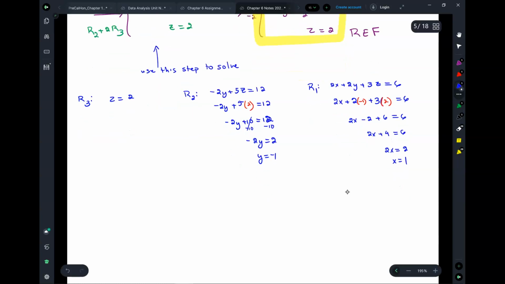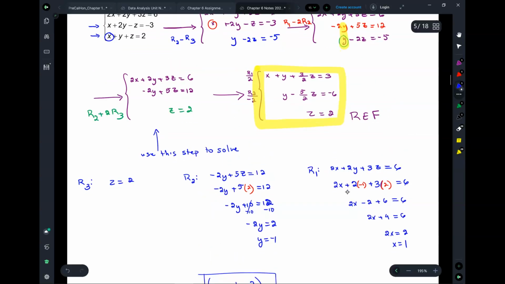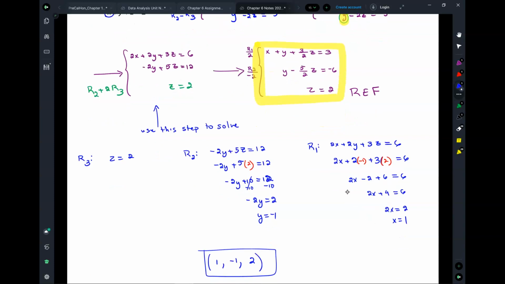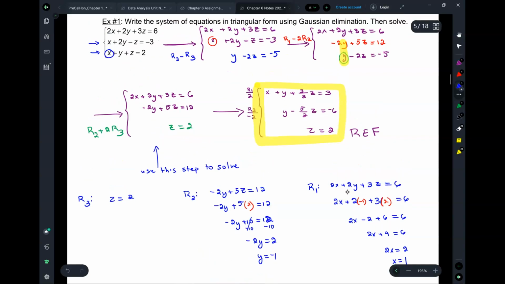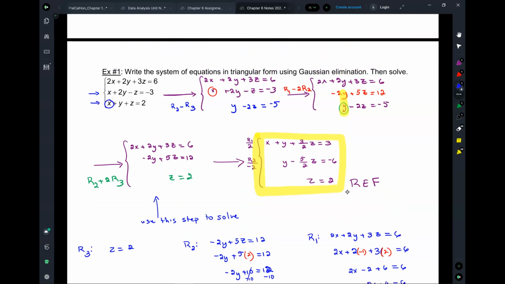Now that I have my x, y, and z, I can write my solution, x, y, z. It has to be a coordinate point because of what we're doing when we solve these. If you have an equation with 3 variables, it represents a plane. If you have an equation with 2 variables, like y equals x plus 2, it's a line.